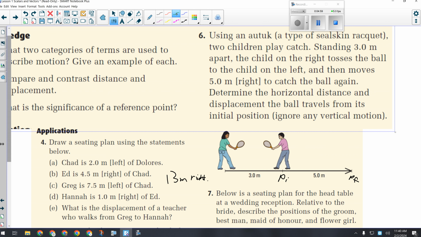So the purpose of this question is to illustrate how we draw vectors, or vector addition type questions, so that we include all the parts. If the ball started here, the first part of this trip is this 3 meters. After that, the ball goes all the way over here. Everyone all right with that?